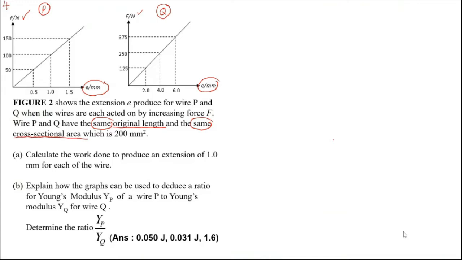So part A, calculate the work done to produce the extensions of 1.0 millimeter for each wire.